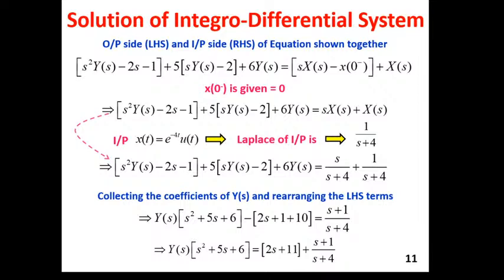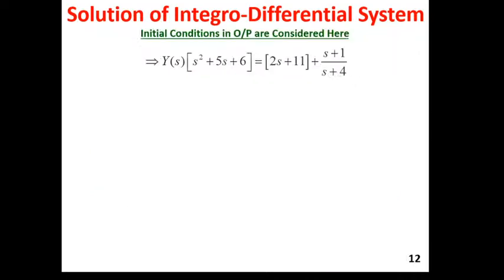So now I'll rephrase what this equation is. Y(s) is nothing but the output, so the left side of the equation, the output, is equal to the initial condition term plus the forcing function term. Same equation, written differently. So the left side, Y(s) times s square plus 5s plus 6, is the output term, equal to 2s plus 11, which is produced by all the initial conditions, plus s plus 1 by s plus 4, which has come from the input functions.